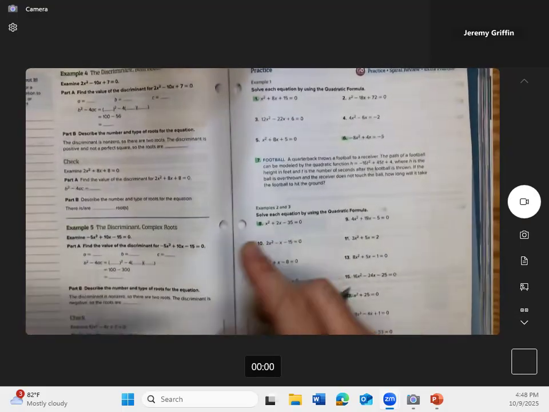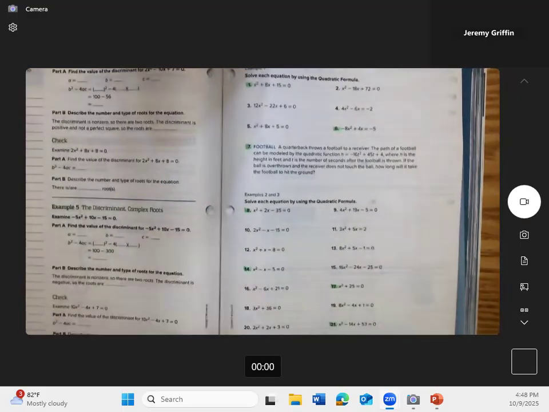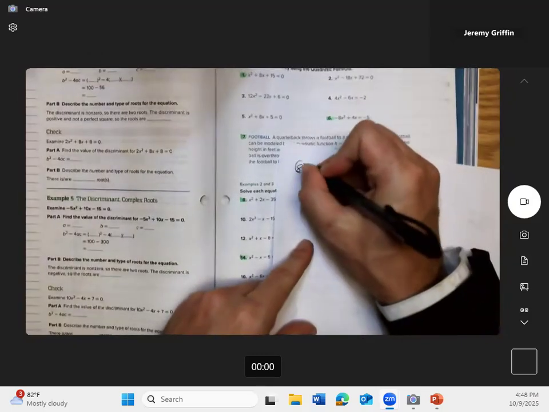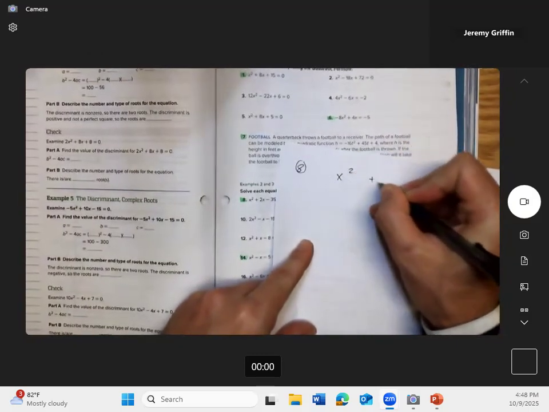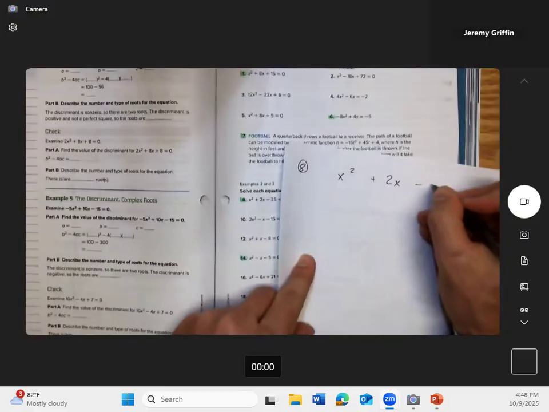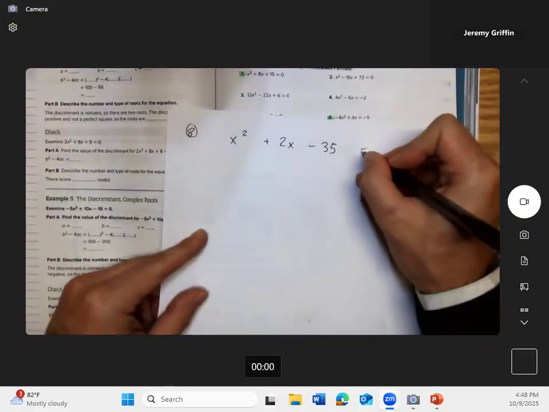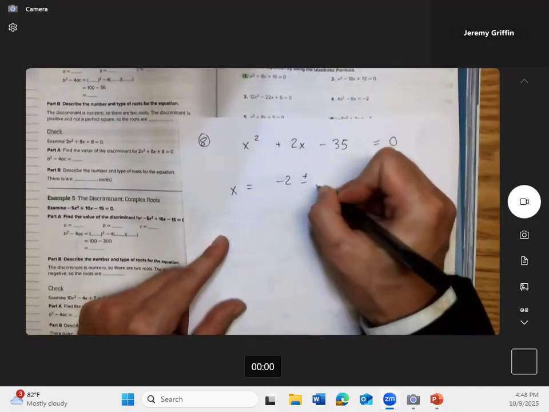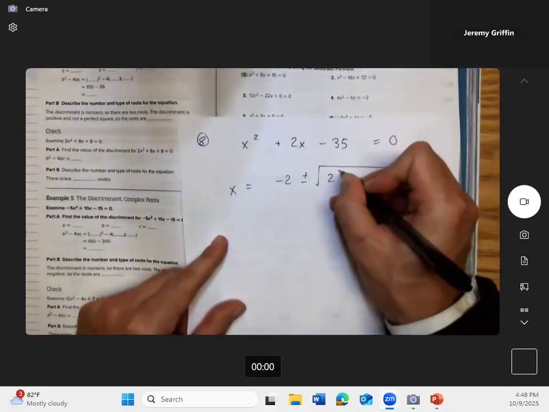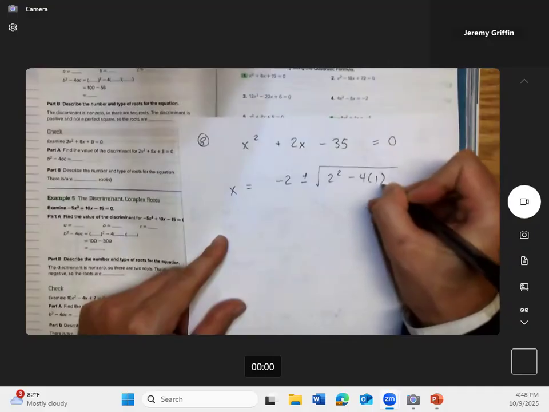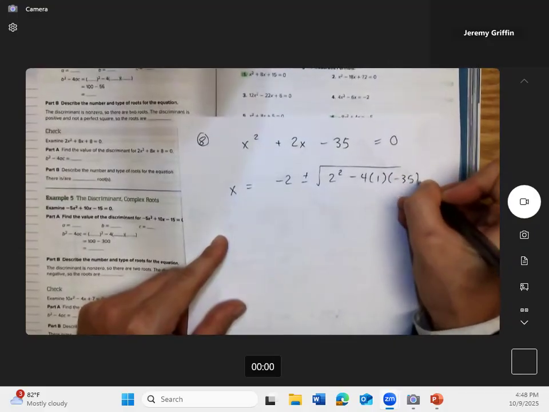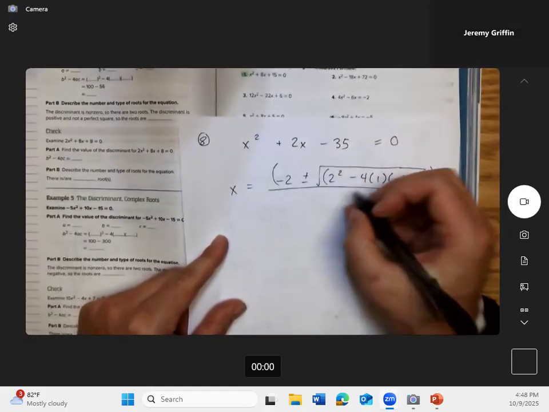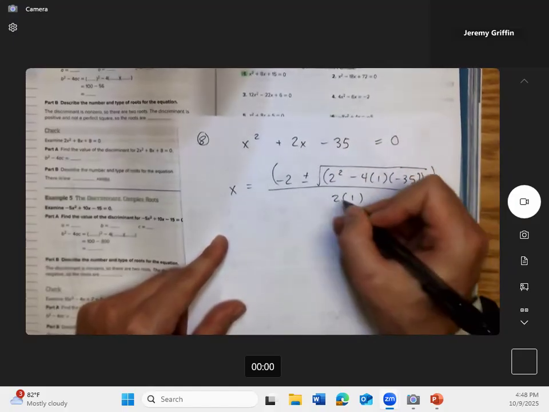Number 8. Okay, so all these here just say solve by quadratic formula. So let's go for it. Number 8. x squared plus 2x minus 35 equals 0. So x equals negative b plus or minus the square root of b squared minus 4ac, all over 2a.